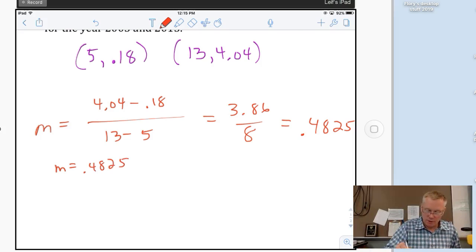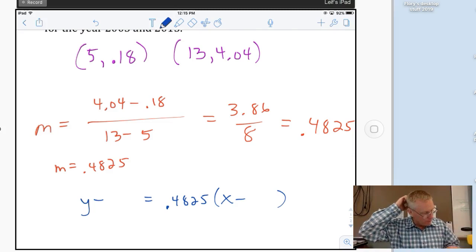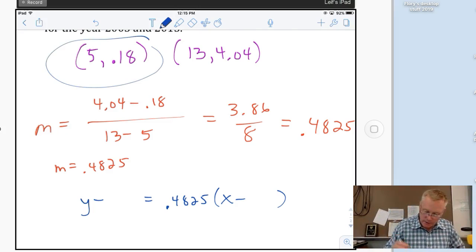And now I want an equation, okay? So I'm going to use the same thing. Y minus something equals the slope, which is 0.4825 times x minus. I'm going to use one of the points. You could use either one, really. I'm going to go with this one. I kind of like the 5. So that's y minus 0.18 and x minus 5.